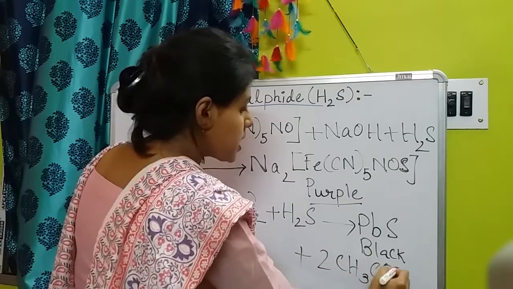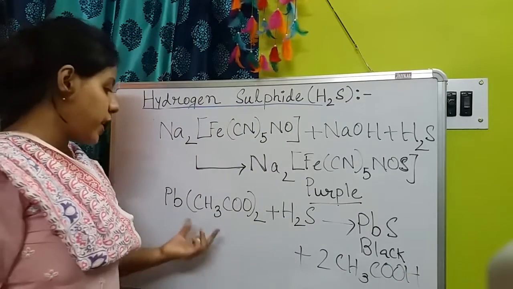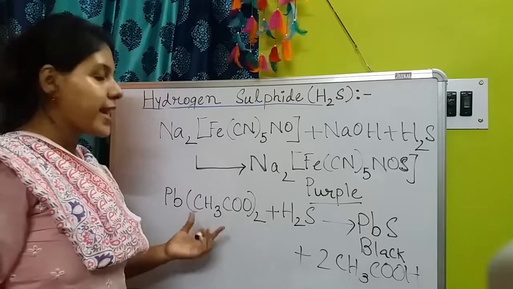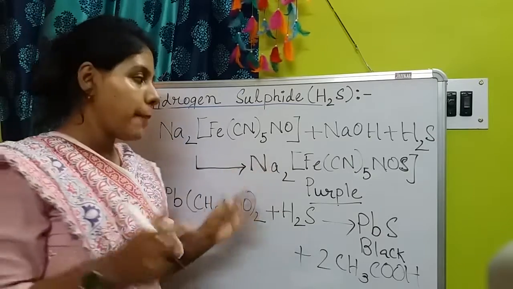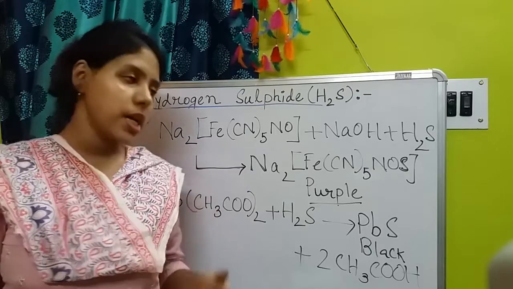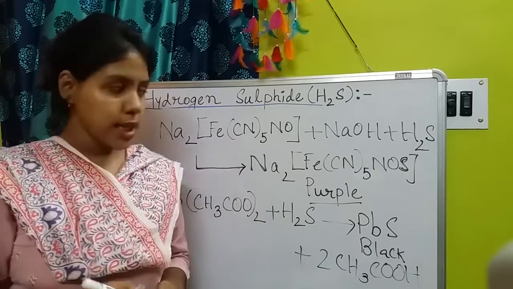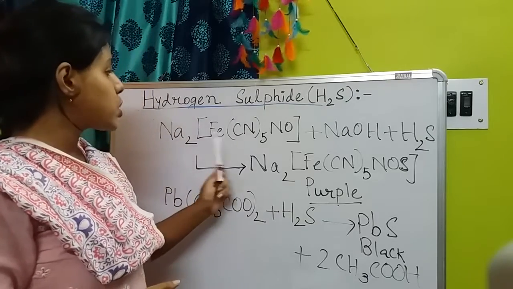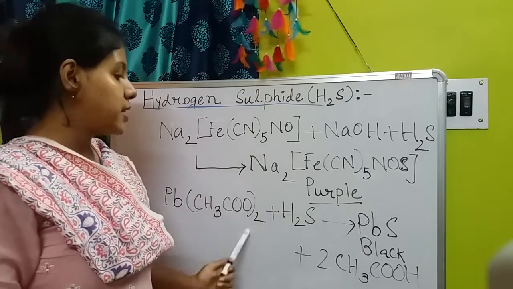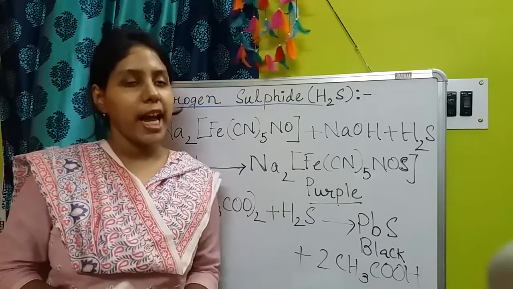So after this reaction, if you see that the paper soaked in lead acetate becomes black colored, that means the gas is confirmedly H2S. So by these two reactions, the sodium nitroprusside test and the lead acetate test, we could identify H2S.